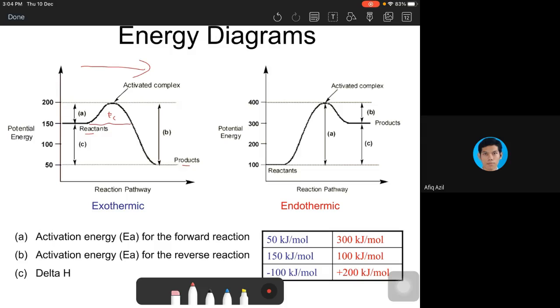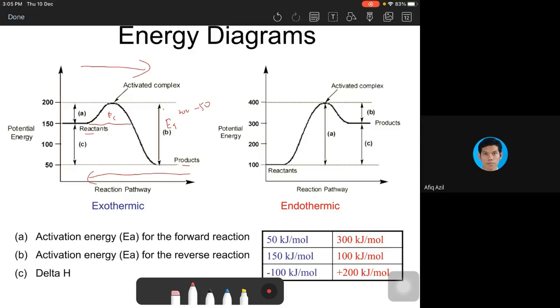While for the activation energy of the reverse reaction, meaning from product to reactant, the EA value will be calculated from 200, which is this one. This will be EA for the reverse reaction. So 200 minus 50.